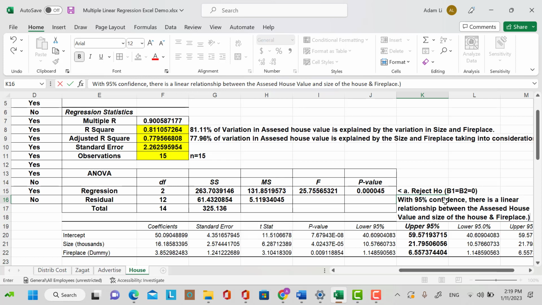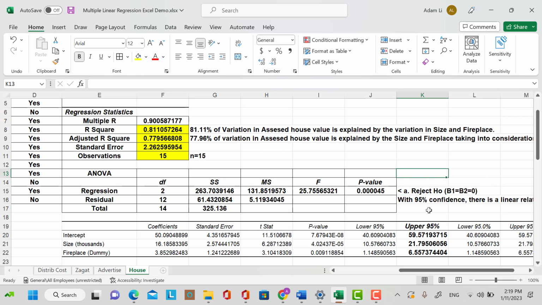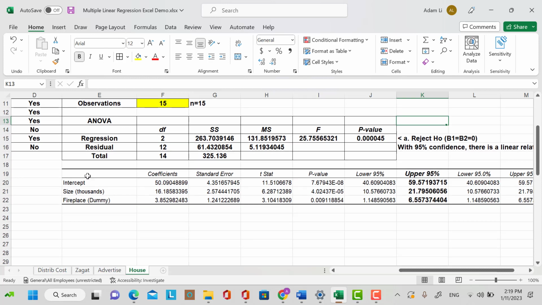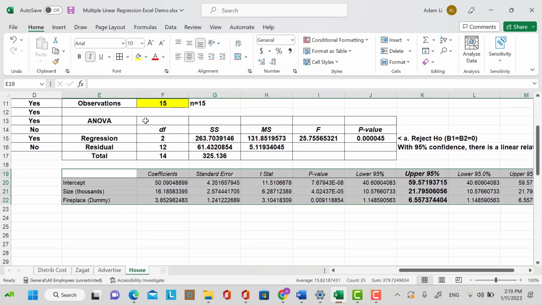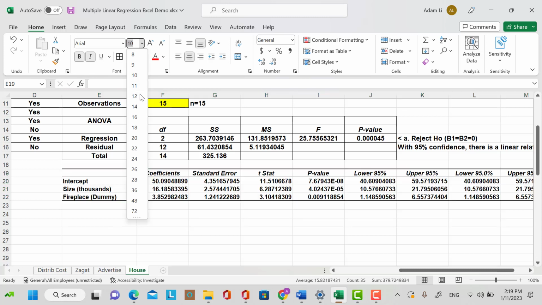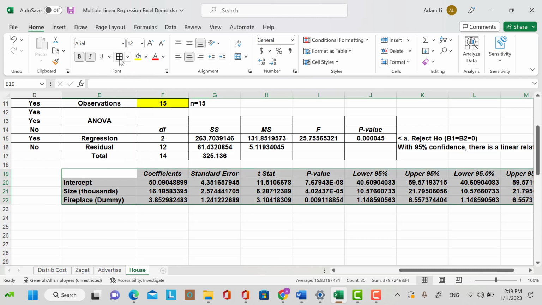Okay, that's how we state a conclusion here. So overall speaking, this model is effective. Now one more time, we're going to go to a detailed analysis with respect to each one of these individual independent variables.